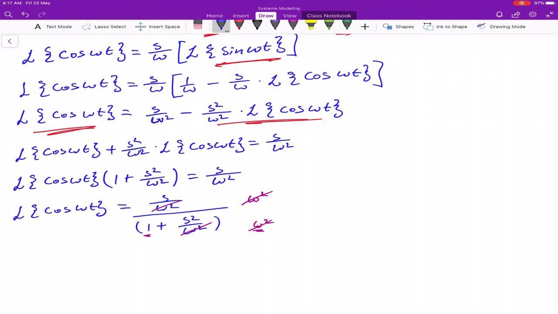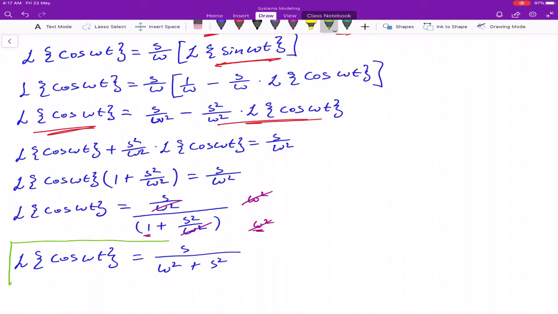So hence the Laplace transform of cosine omega t is equal to s over omega squared plus s squared. So this is the Laplace transform of cosine omega t.